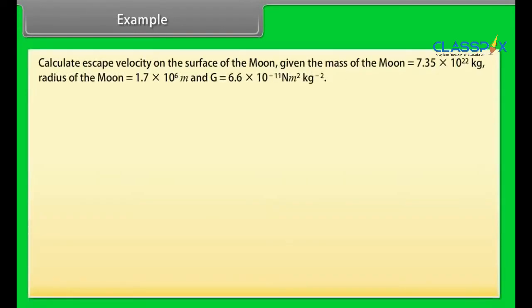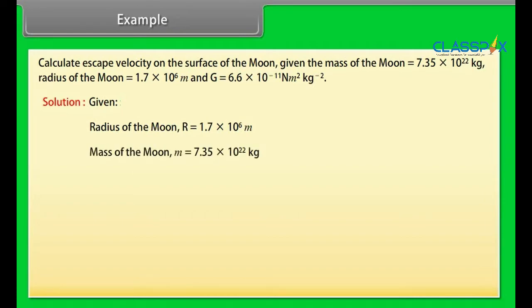Example. Let's take an example of escape velocity. Calculate escape velocity on the surface of the Moon, given the mass of the Moon, radius of the Moon and value of g. Let's see the solution. Given radius of the Moon r is equal to 1.7 into 10 to the power 6 meter. Mass of the Moon M is equal to 7.35 into 10 to the power 22 kilogram.